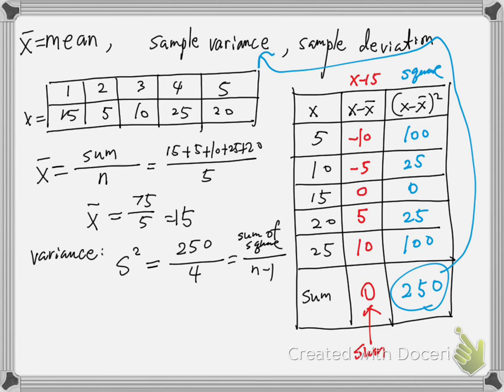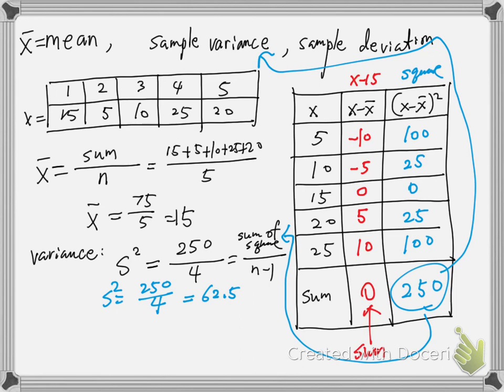Here n is 5, we have 5 given numbers, so n minus 1 is 4. The sum is the last one in the corner of the table. So S squared for this example is 250 over 4. We got 62.5. That is, by definition, called the sample variance.